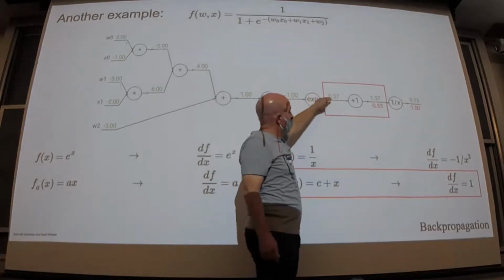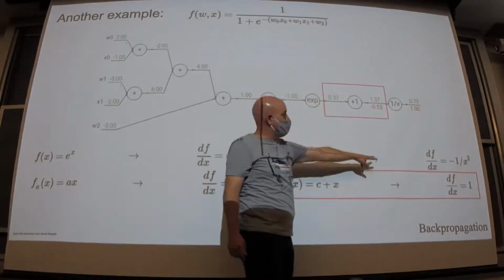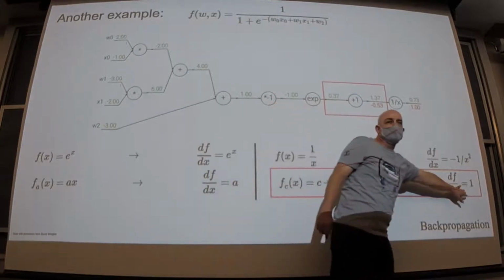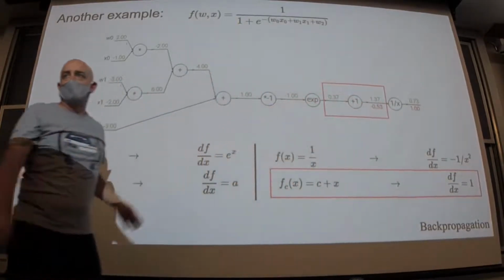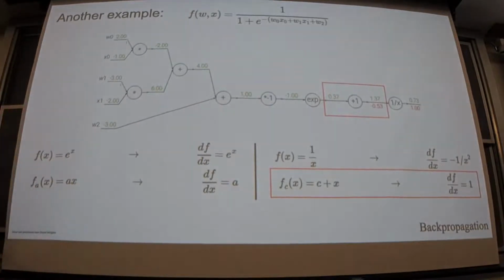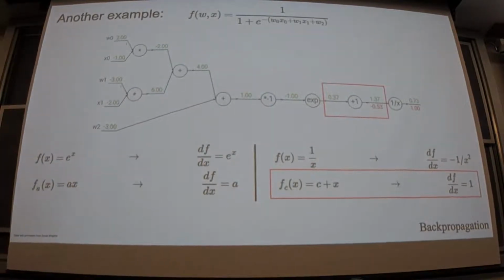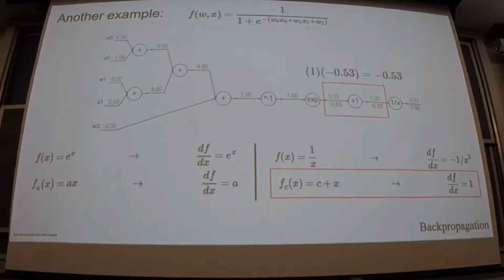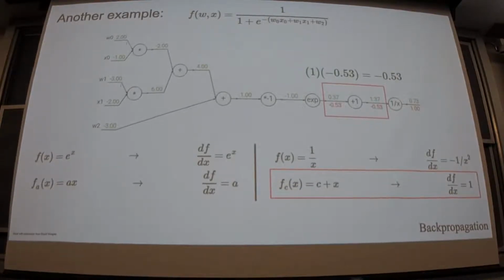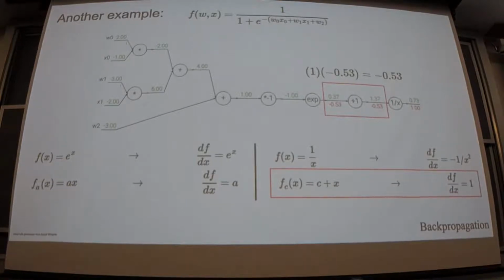We're going to evaluate it at 0.37, but this is a constant. And then we're going to multiply it by the downstream derivative, which is minus 0.53. So what should it be? Minus 0.53. That's always scary for me, because I didn't study these very hard beforehand. It's got to work out that way.